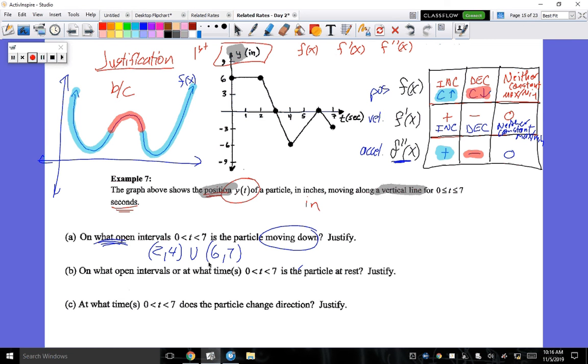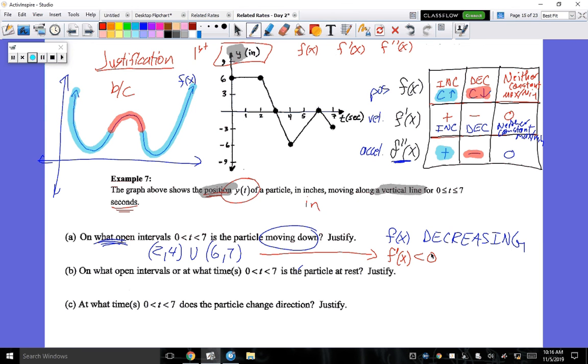You could say because f of x is decreasing. You could also say because it has a negative slope. So we're in calculus, and for the most part, we're going to say that f of x is decreasing by saying f prime is negative.